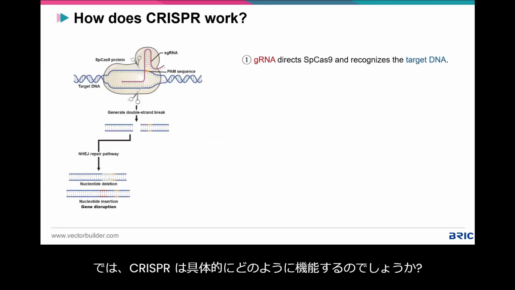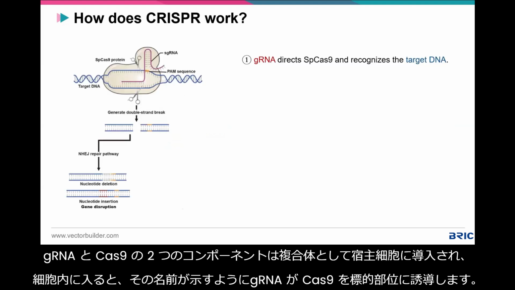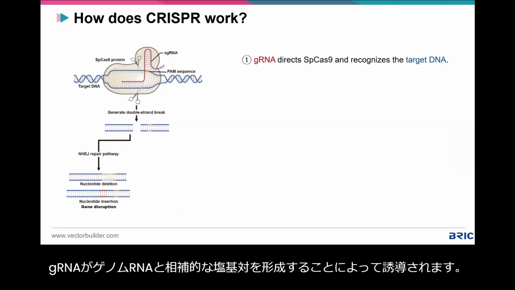So how exactly does CRISPR work? The two components, guide RNA and Cas9, are introduced as a complex into the host cell. And once they're inside the cell, guide RNA, as the name suggests, guides Cas9 to the target site. And this is mediated by complementary base pairing of guide RNA with the genomic DNA.